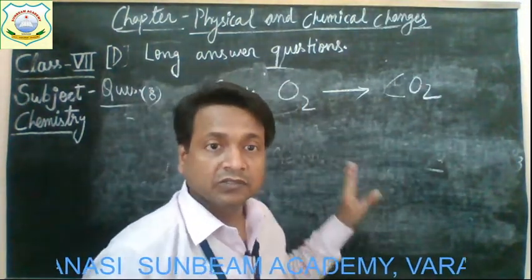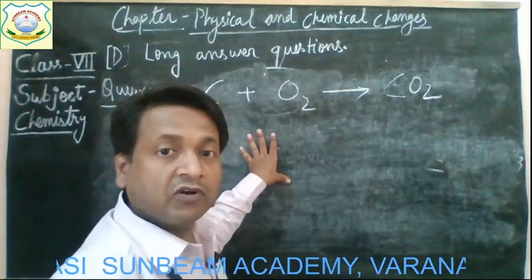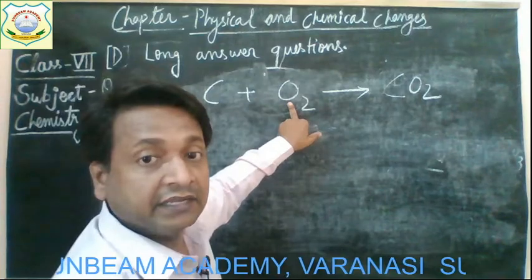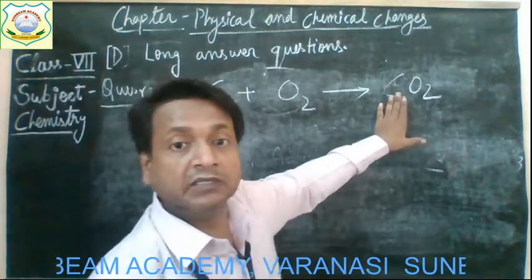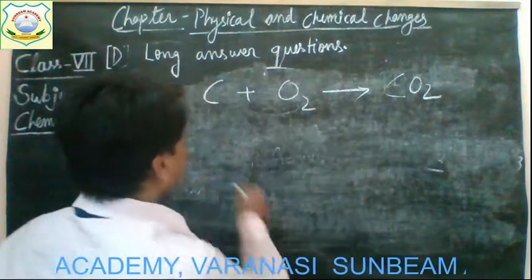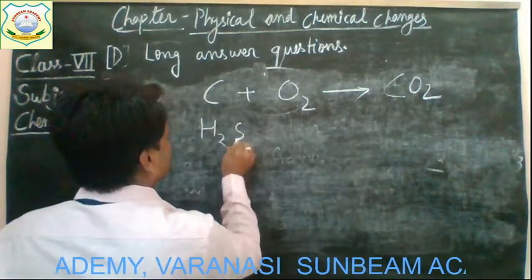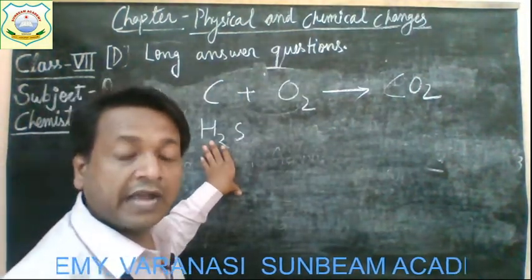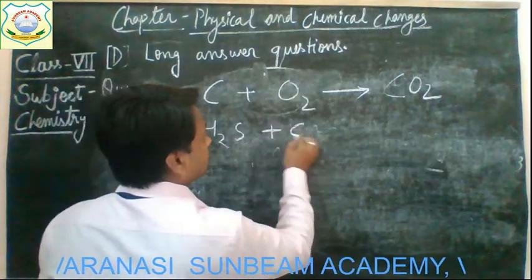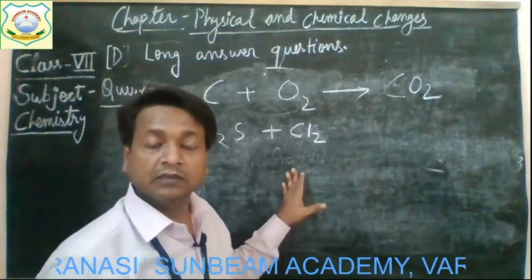Okay, children? So this is one reaction of oxidation, because here oxygen is added to carbon and forms carbon dioxide. Get it? Another example is H2S, hydrogen sulfide, when it reacts with chlorine.